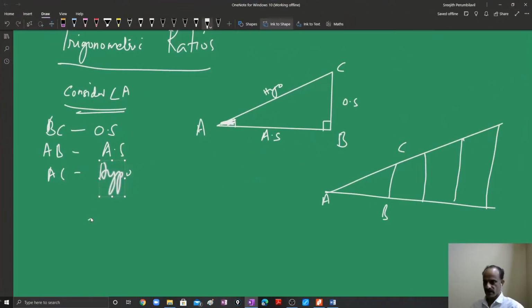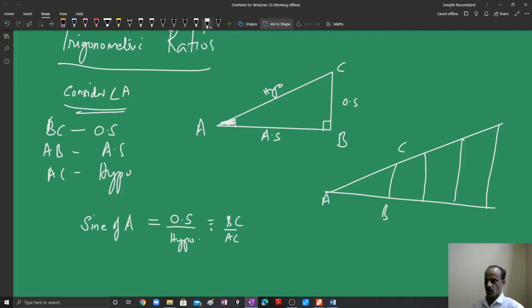First thing is, we call it sine of angle A. What is sine of angle A? The sine of angle A is a ratio of two things: its opposite side by hypotenuse, BC by AC.